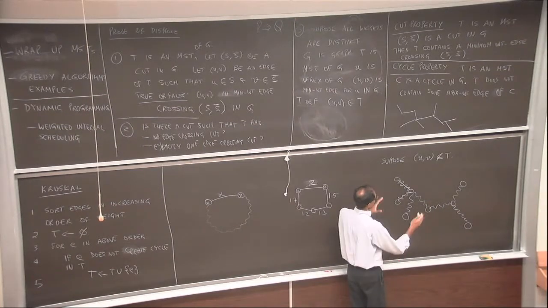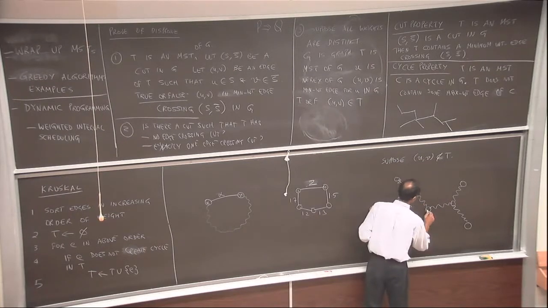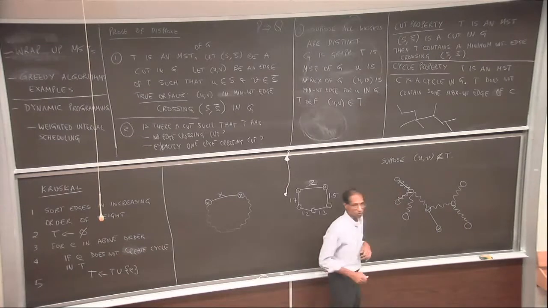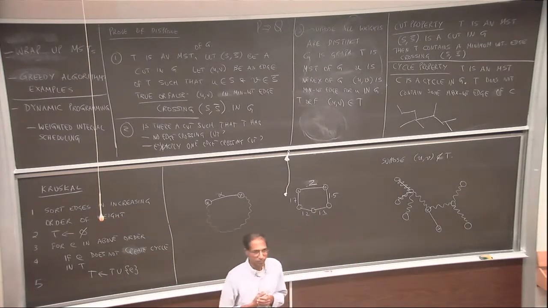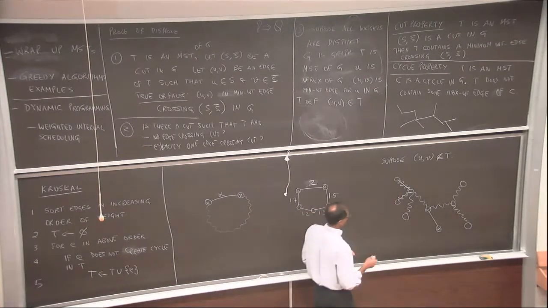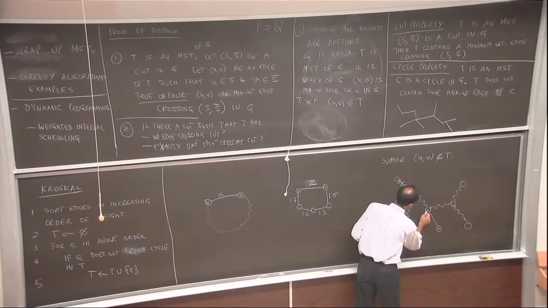And the graph is more complex. This is U. It does not include the edge that you really wanted to include. Sorry, there should be another way to reach.